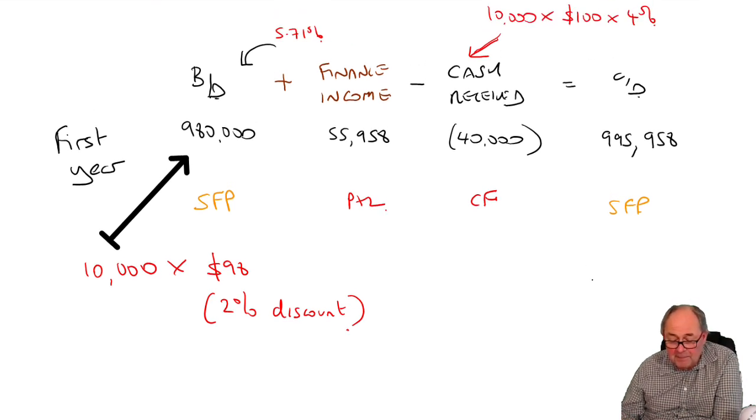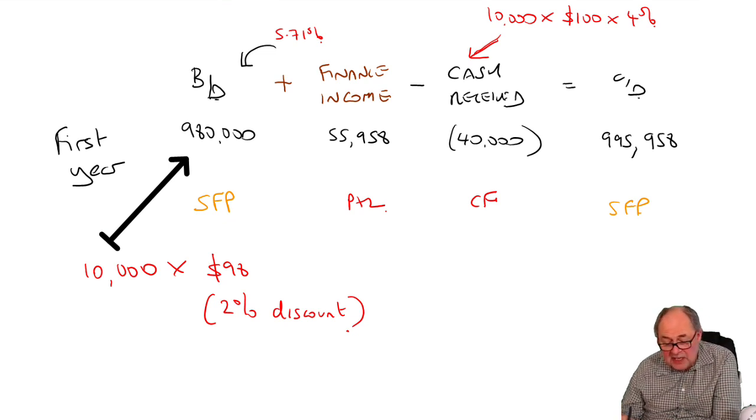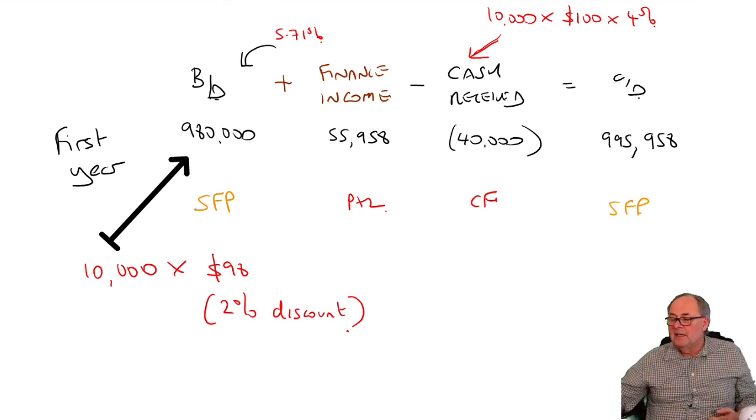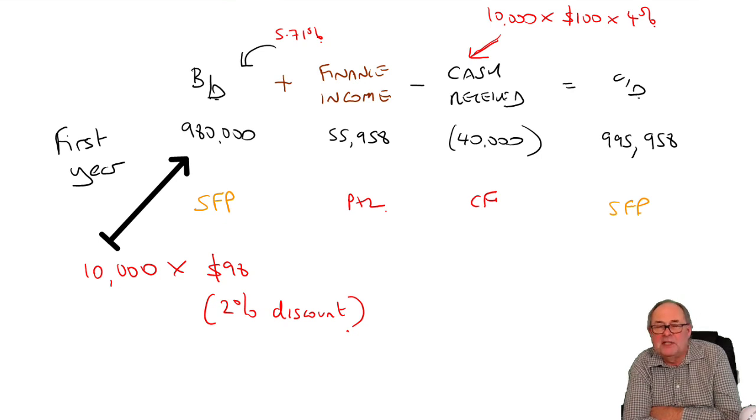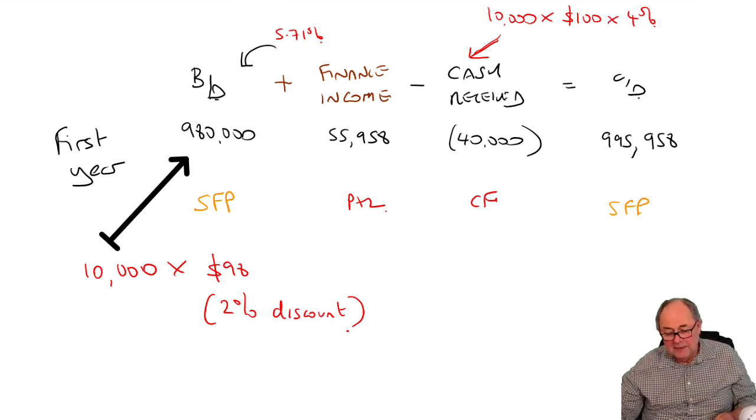But the working that you use is this working here. If you were asked about the second year, you would bring down 995,958, apply 5.71% and so on. But please don't work out the second year unless you're told to, and you won't be. Once you can do it for 1 year.